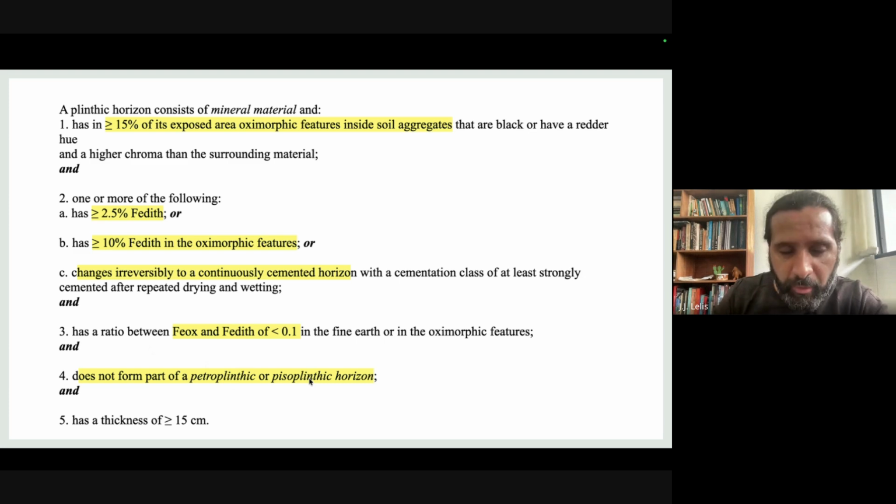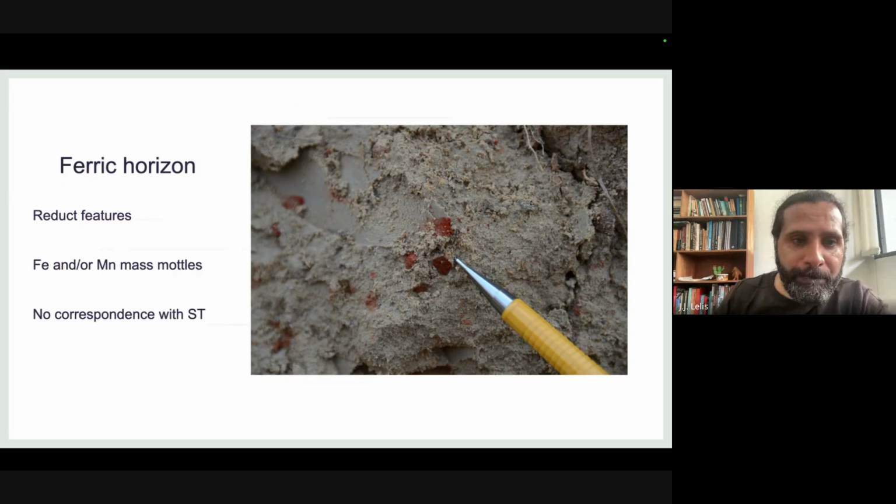The plinthic horizon is a step before the petroplinthic and pisoplinthic because it does not register strong cementation in the field, okay? And the plinthic horizon should register a minimum thickness of 15 centimeters, okay?